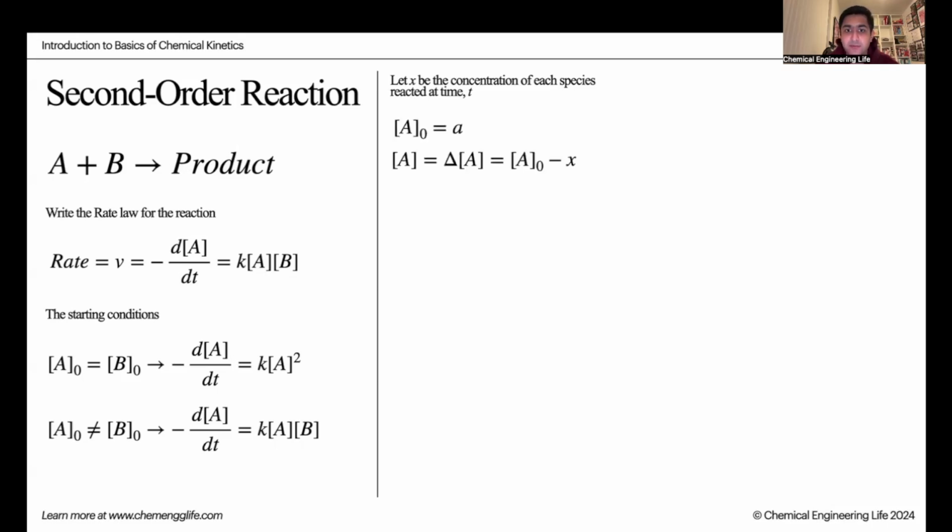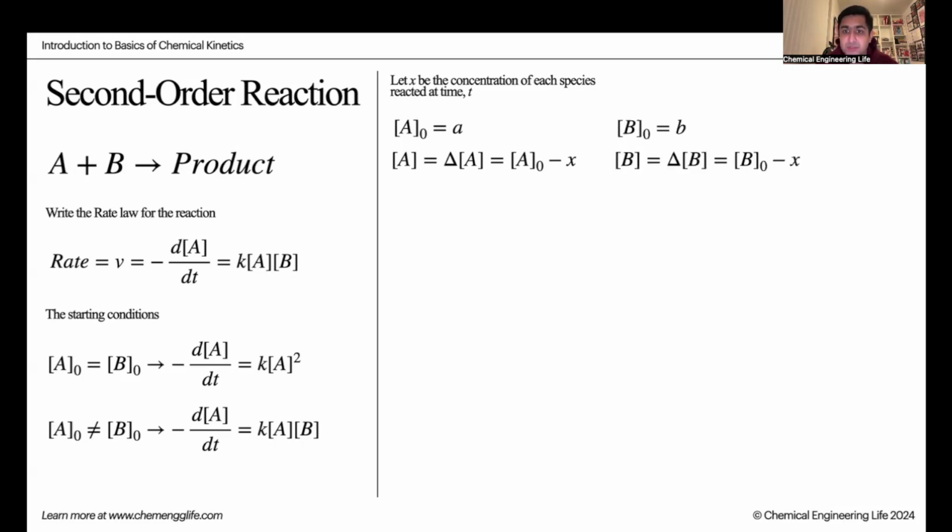So that means that we can substitute small a for A0 just to make the calculations a bit easier. And we know that after a specific amount of time t, x amount has reacted. So that would be your A0 minus x. That is your A value, the concentration of A after a specific amount of time t.